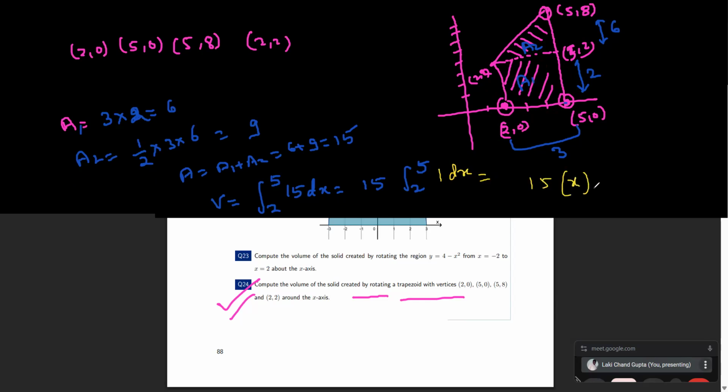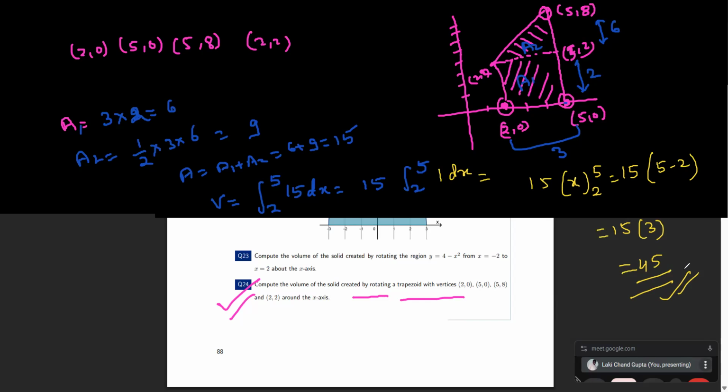Integration of 1 is x. This is the final answer. 45 cubic is the final answer.